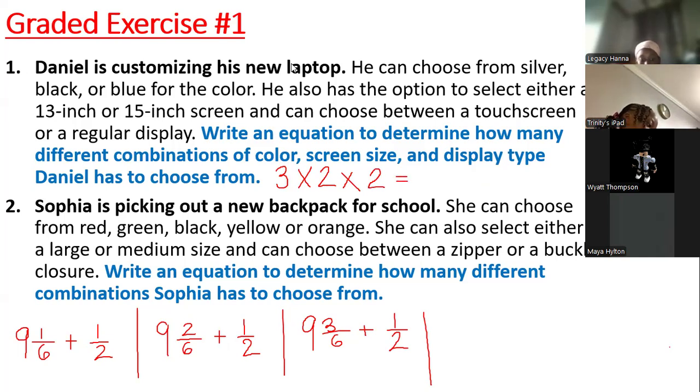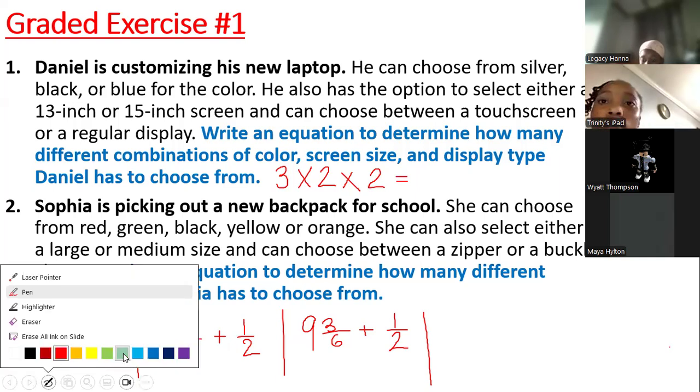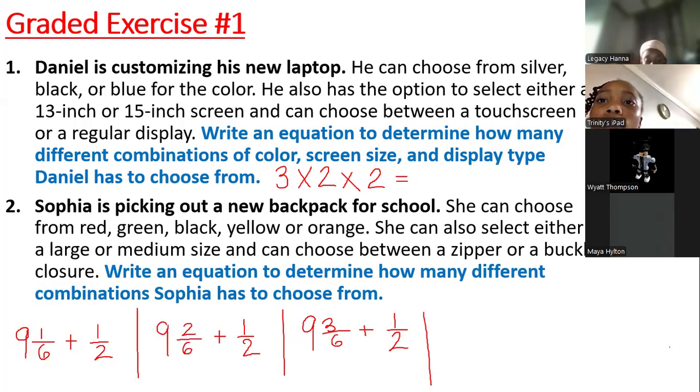And so what do you have here? We have 3 times 2 times 2, and we have to multiply them all up. Good. What is 3 times 2? 3 times 2 is 6.